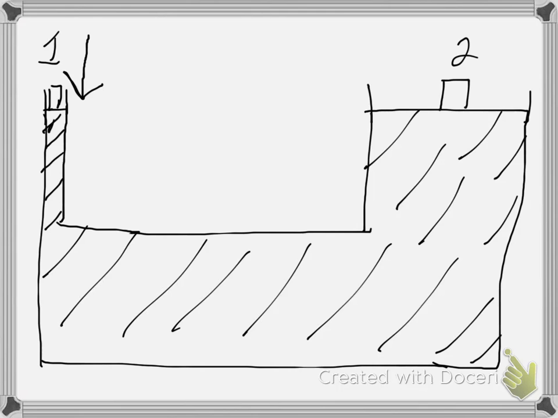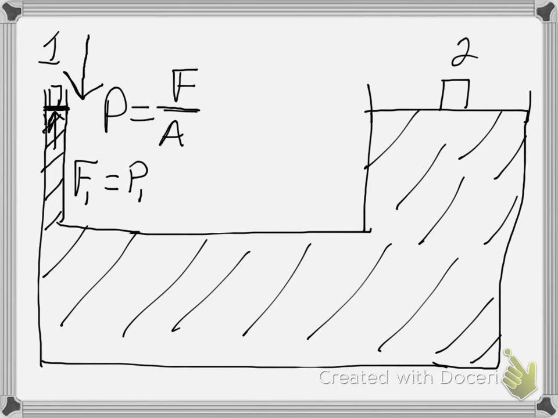Well, remember that there's pressure acting upward, and that pressure is going to be equal to the force divided by the area of the piston. So whatever force is pushing upward, the pressure will be that force over the area of the piston. Now I can rearrange this and say the force F1 is going to equal the pressure at the first piston times the area there.